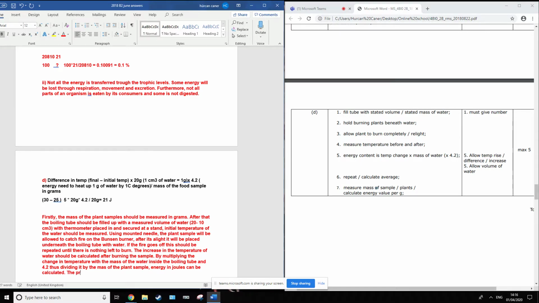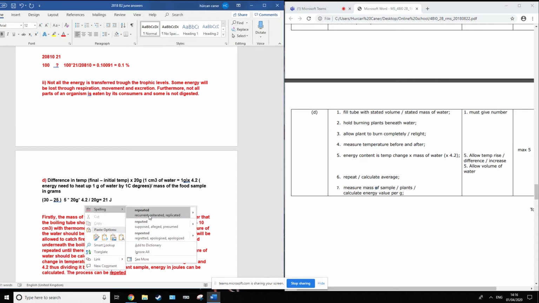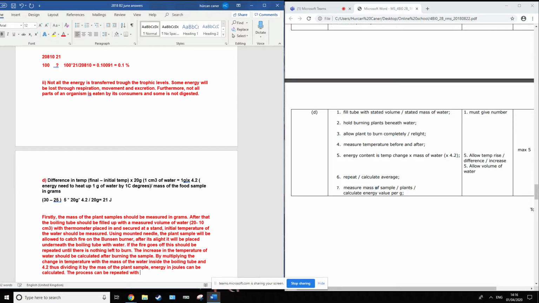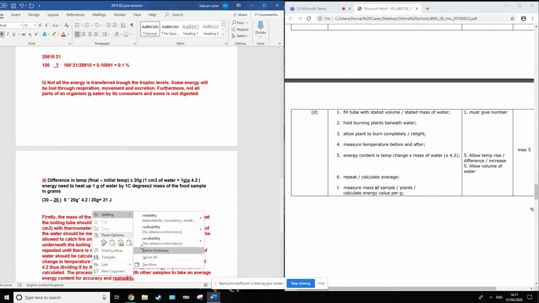The process can be repeated with other samples to take an average energy content for accuracy and reliability. Yes.